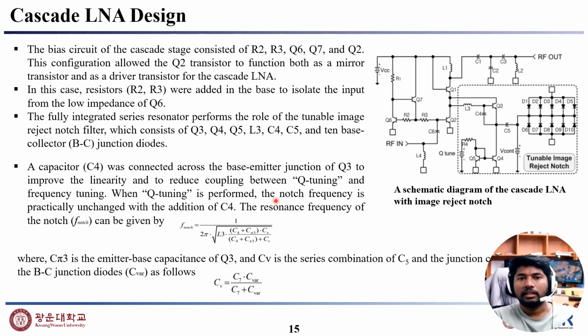Now the cascode LNA design. In the right figure you can see a schematic diagram of a cascode LNA with image reject notch. So this figure is mainly the cascode design of the LNA, and the bias circuit of the cascode stage considers R2, R3, Q6, Q7 and Q2.